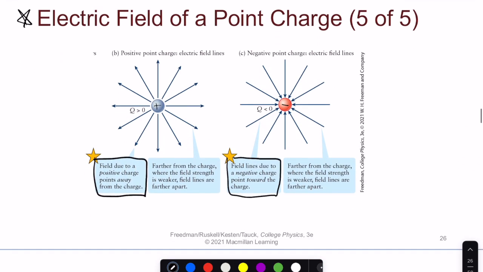Okay, and the field lines in this picture, it's hard to see, but the field lines exist at any point in space. Here we're just drawing them originating from right here, super close to the point charge. But in reality, there's an infinite number of electric field vectors at any point in space that I choose.